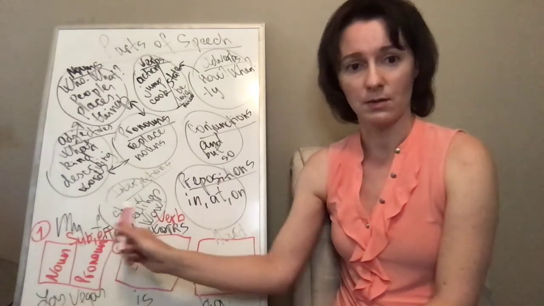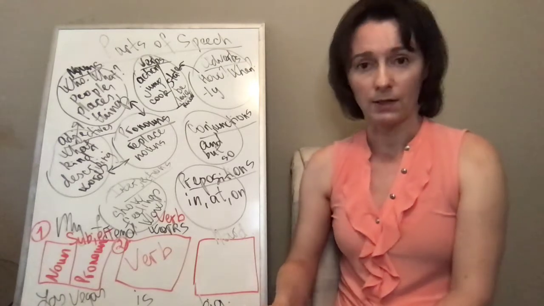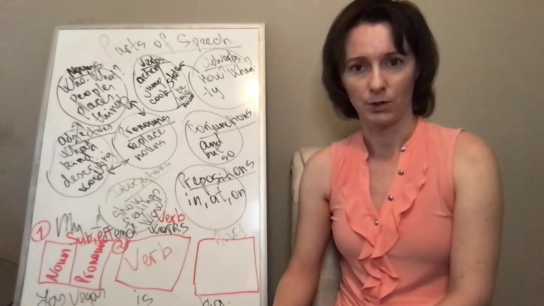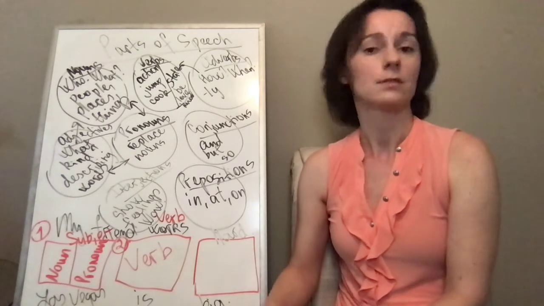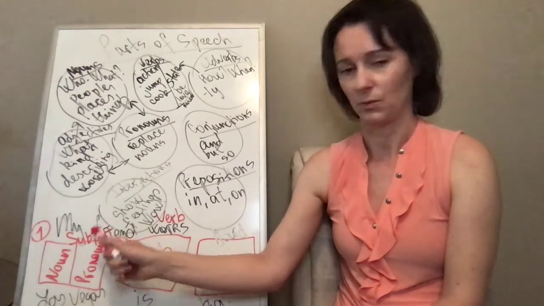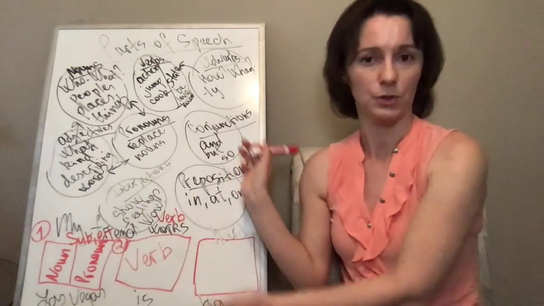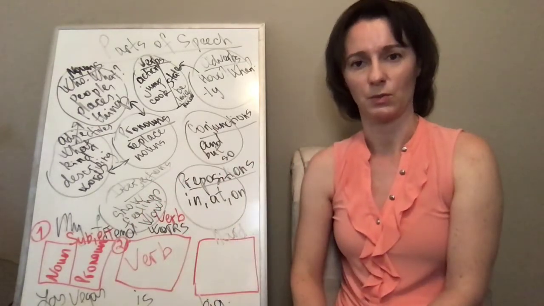But this is mandatory in a statement. So again, English has a fixed word order, and the sentence, a statement that you create must start with the subject, you must follow with the verb, and all together you have to express a complete thought.